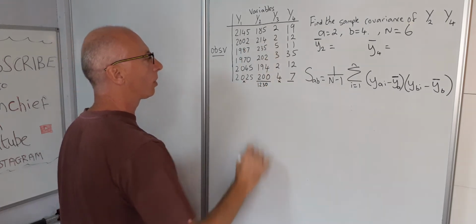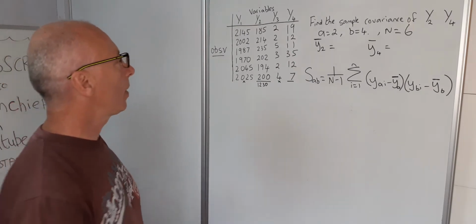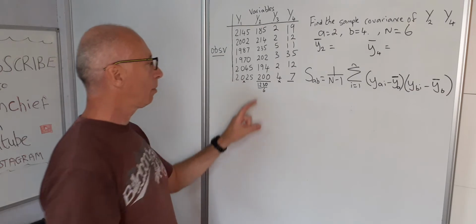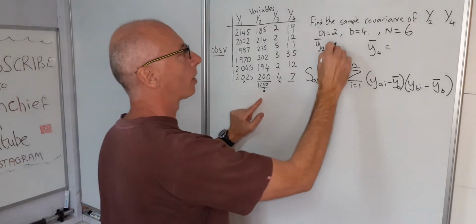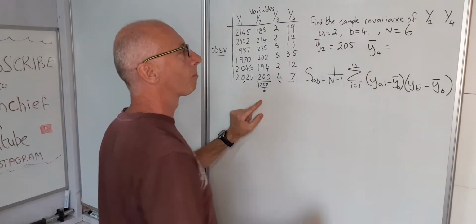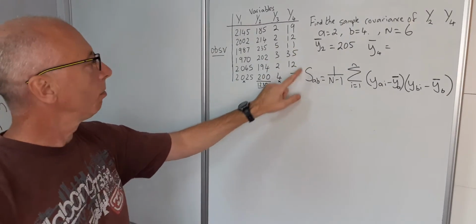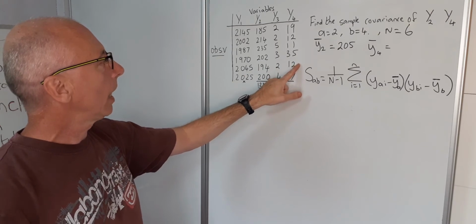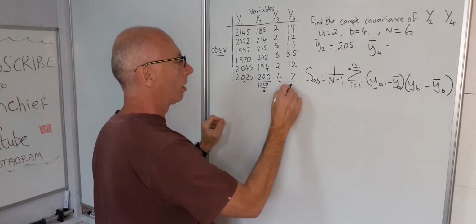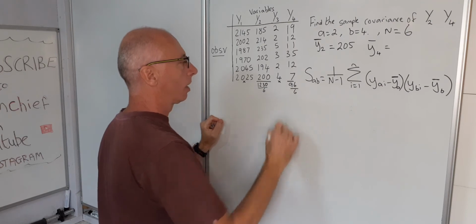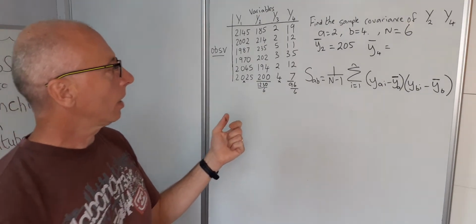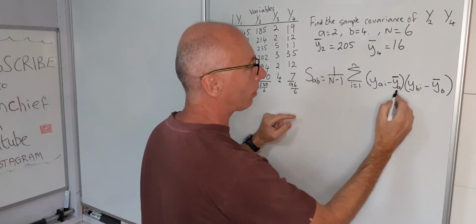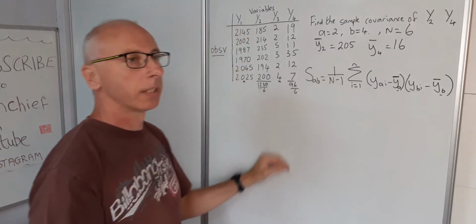So that's 1230. Then we divide that by 6 because it's 6 observations, and we get 205. Then we add up these: 19, 31, 42, 77, 89, 96. So that comes to 96. Divide that by 6, and that's going to be 16. So now we've got the value of this and this already.